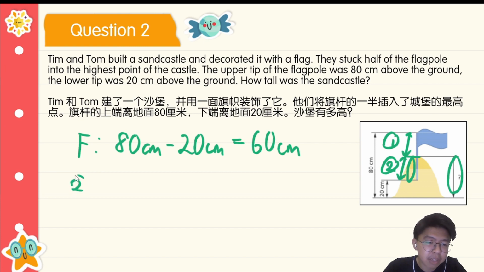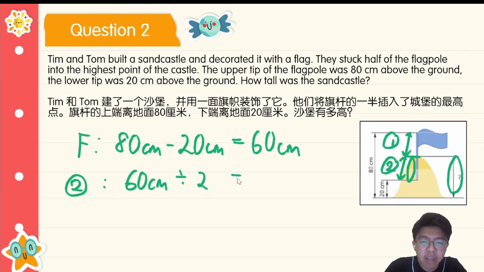So for part 2, we can just use 60 cm divided by 2, and we'll get this part is 30 cm tall.